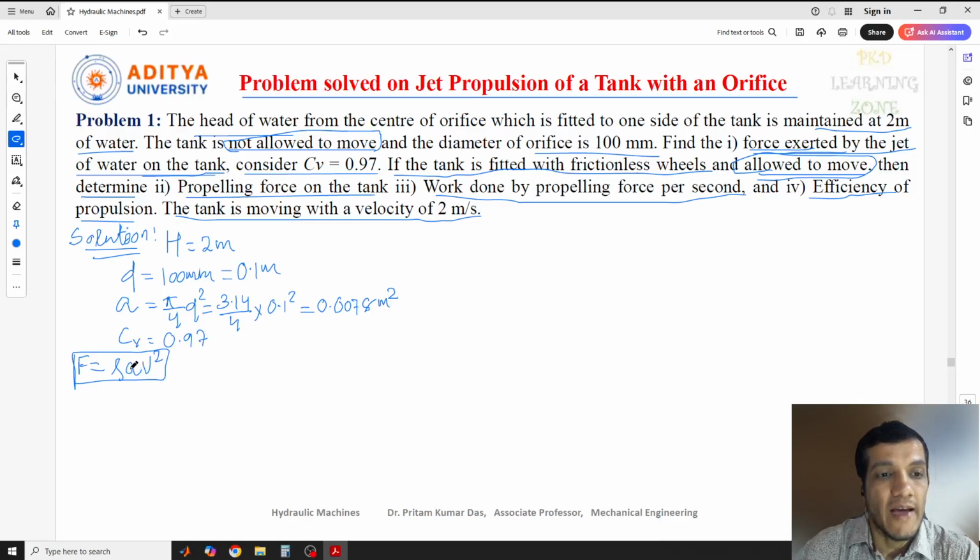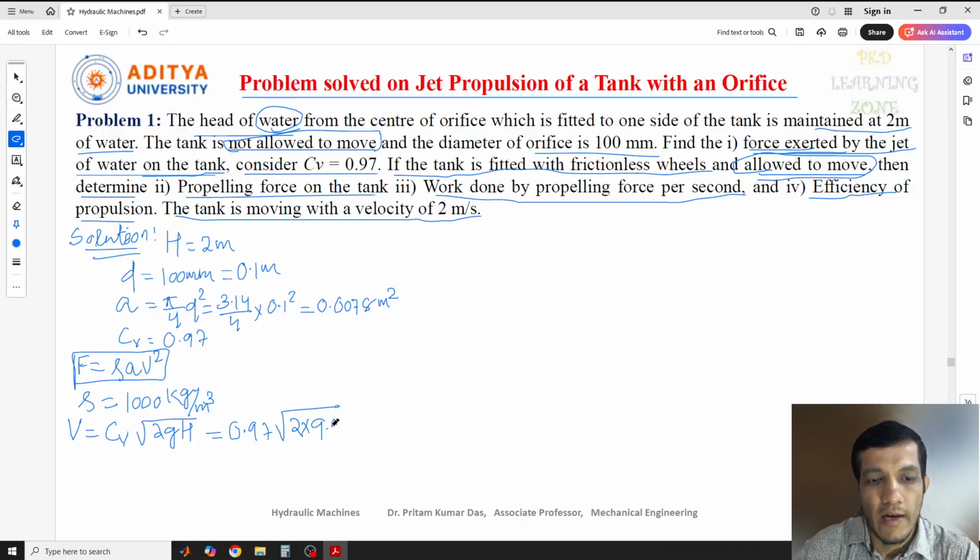Here, the area is calculated. Rho is the density of water; since the liquid is water, the density is 1000 kg per meter cube. The unknown term in this equation is velocity. The actual velocity we can find by the equation CV into root over 2gh. CV is given as 0.97, into root over 2 into 9.81 into the head, which is 2 meter.